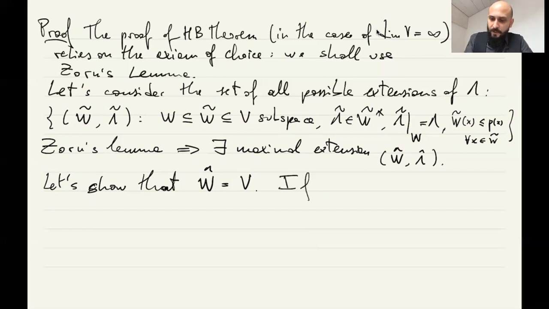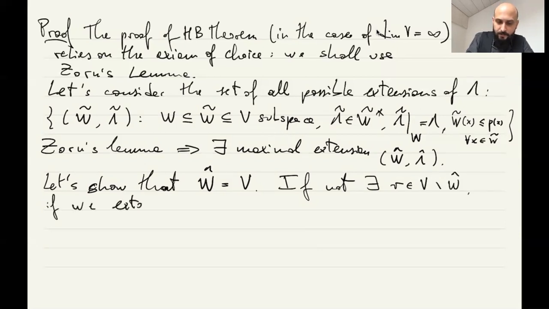So if not, we can take v which is in V but not in W hat. If we extend to W hat direct sum Rv, we get a contradiction.